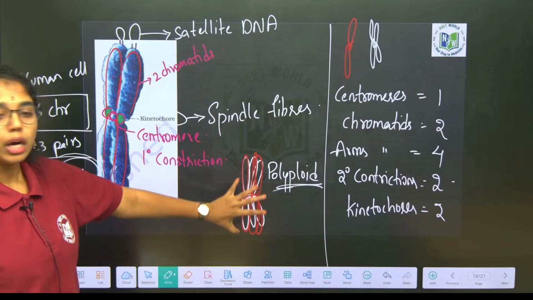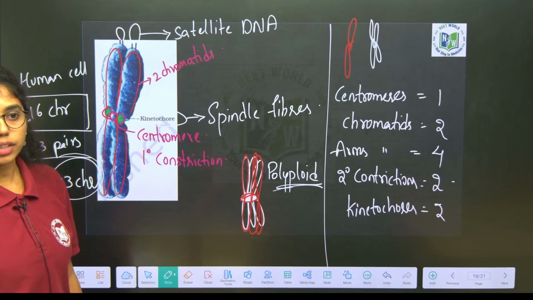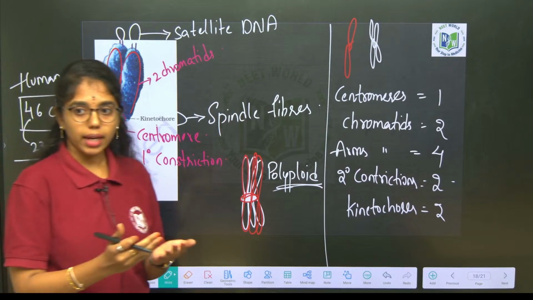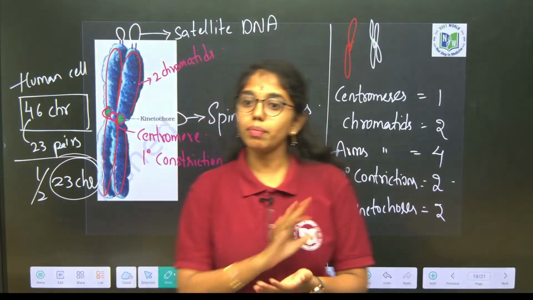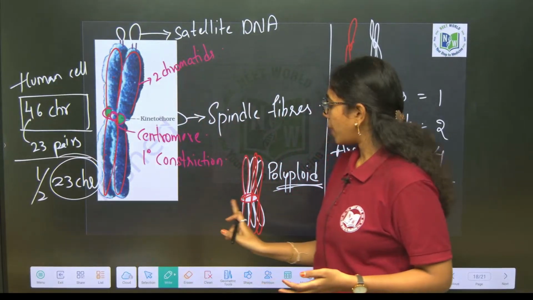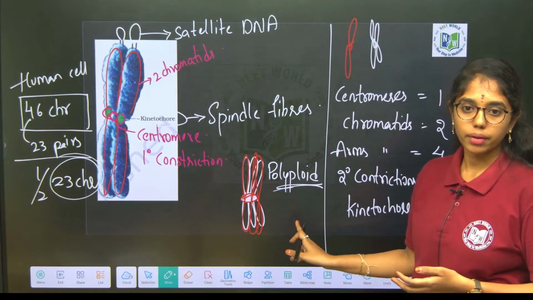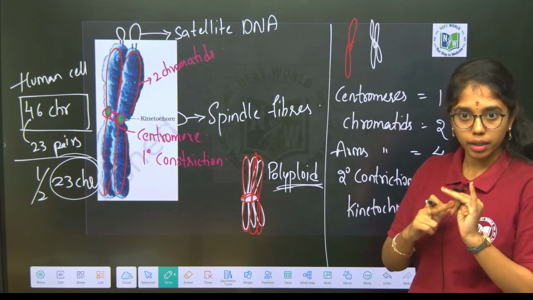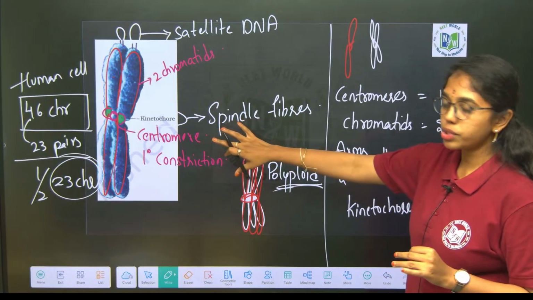It will lead to what? Polyploid condition. Understood? Got the difference between haploid, diploid, polyploid, and about chromosome structure also.